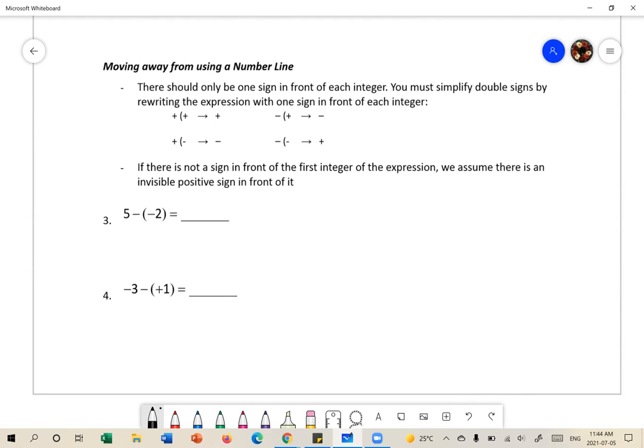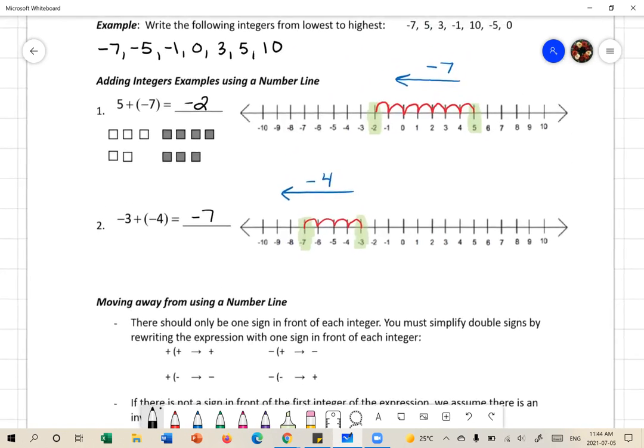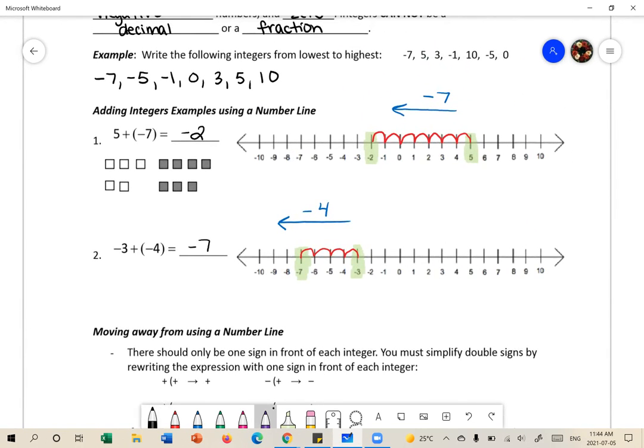There should only be one sign in front of each integer. So when you see double signs, like up here, we had a positive and a negative beside each other. Here we had a positive and a negative beside each other.